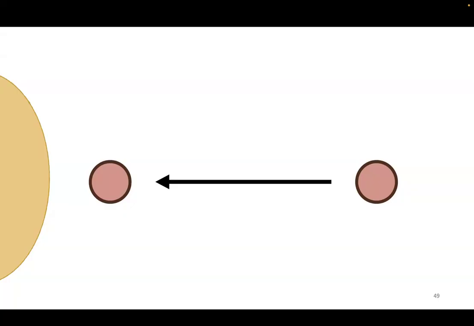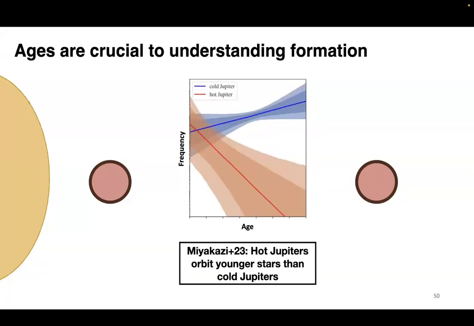And actually, as I was thinking about this, a few papers have come out that have tried to do some kind of statistical analysis of how old hot Jupiter host stars are versus cold Jupiter host stars. And here's just a simplified plot from one of these papers that came out in 2023 that suggests that hot Jupiters are orbiting younger stars than cold Jupiters.